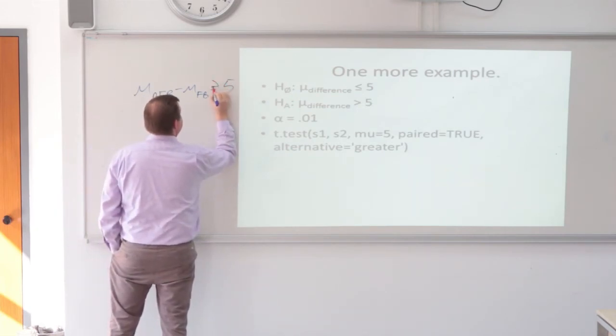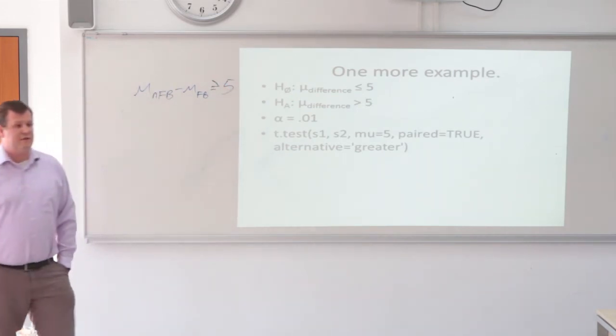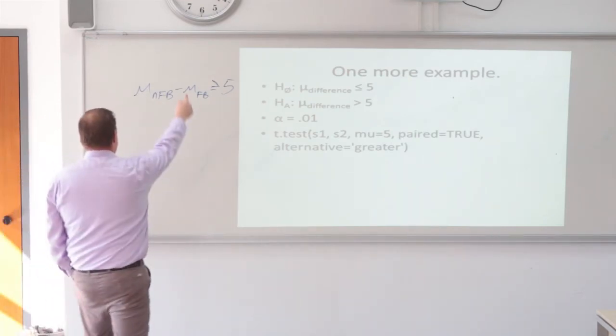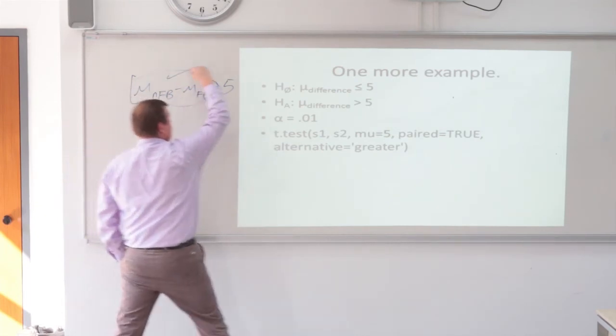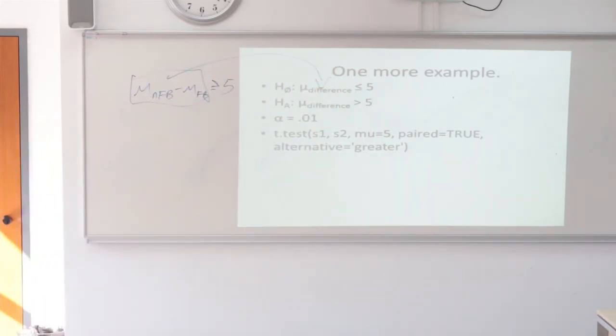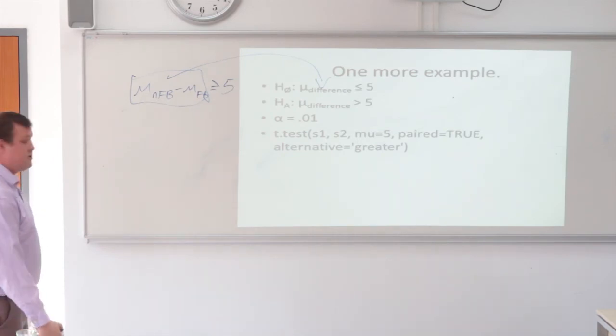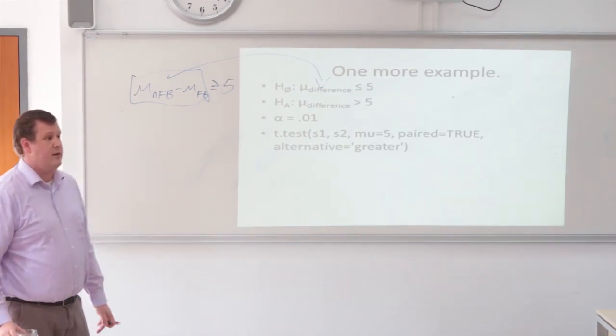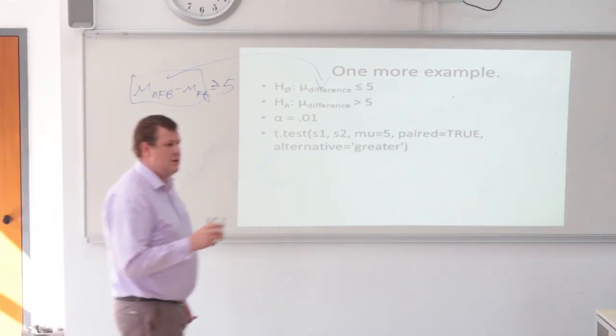So if this difference is greater than or equal to 5, restated, the alternative hypothesis would be that the mean difference is greater than 5. So their scores are below 95.